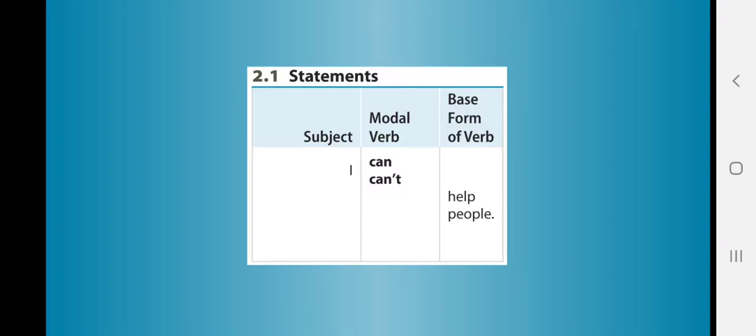Now, we have different modal verbs, well, in this case it is the same modal verb but in the negative form. We have two negative forms for the modal verb can, which are can't and cannot. Then we have could, and we have again two forms in the negative way, right? So we have couldn't and could not.